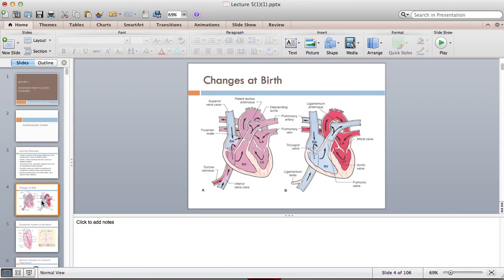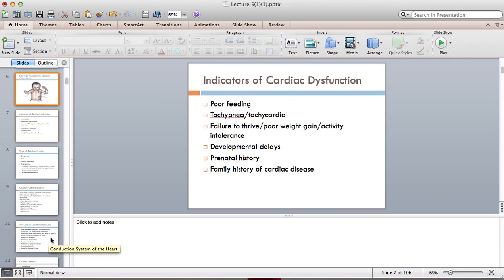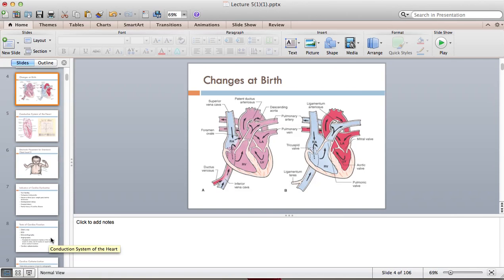So we know that there is a difference between the circulation in extrauterine life and that in the uterus. That's what we know.